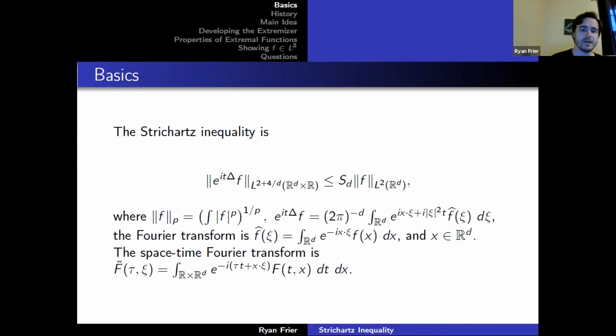And this operator here, e to the itΔ f, is 1 over 2π integral of e to the i x dot ξ plus i ξ squared t times f hat, where f hat is the same Fourier transform that everyone knows and loves and uses every day. And x is a spatial variable. And we have a similar definition for our space-time Fourier transform. All right, so that's the basics that you need to know.